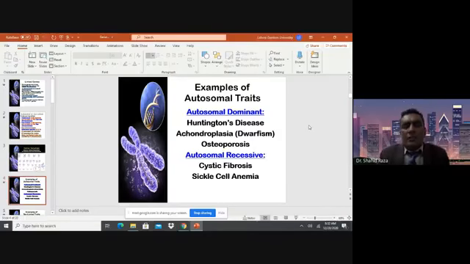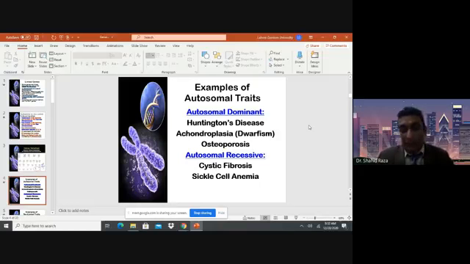Here are a few examples of autosomal traits. One is autosomal dominant, for example Huntington's disease and achondroplasia, that is dwarfism, a condition where height is less compared to general height.